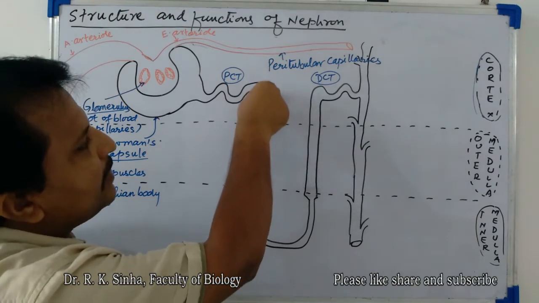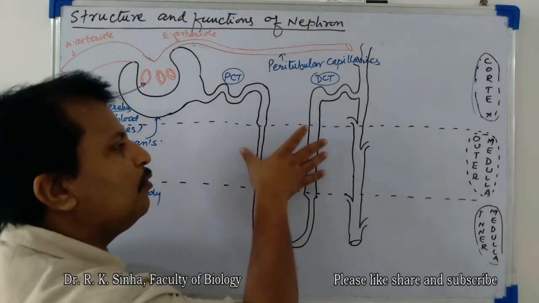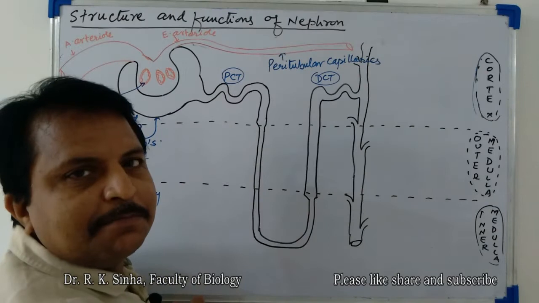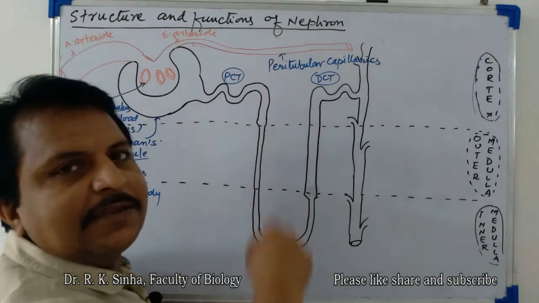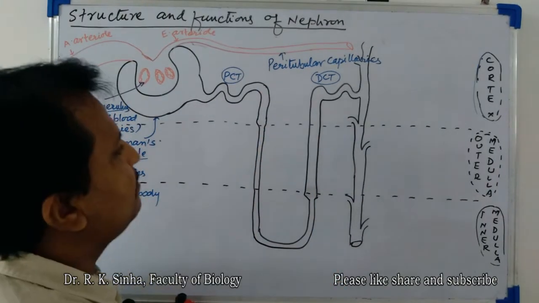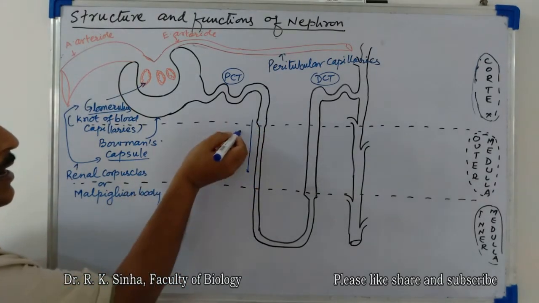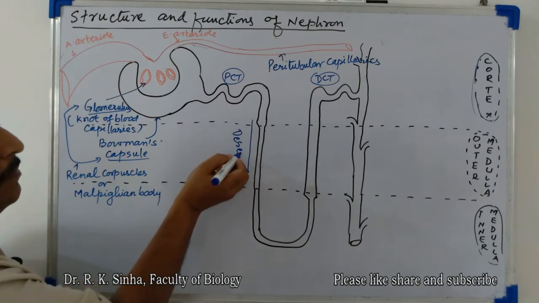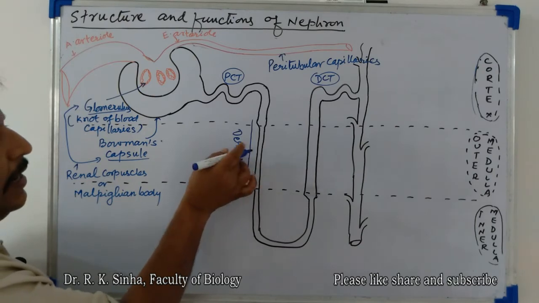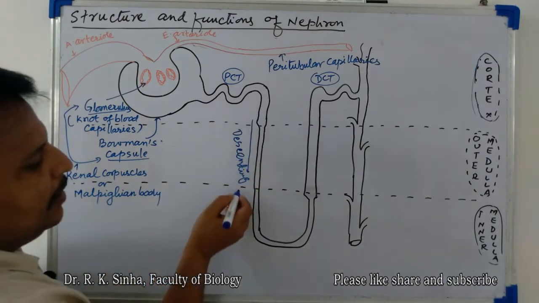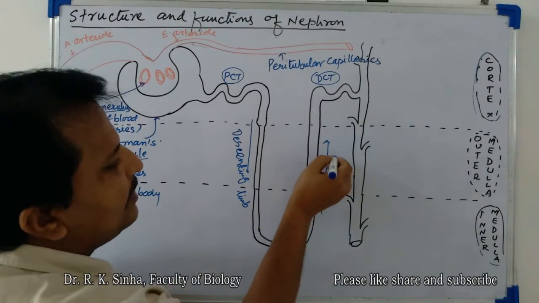This is somewhat part of the PCT, but the entire structure is known as the loop of Henle, meaning a hairpin-like structure. This section of the loop of Henle is the descending limb, and this is the ascending limb.